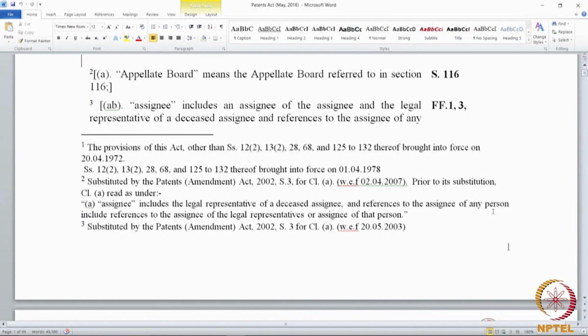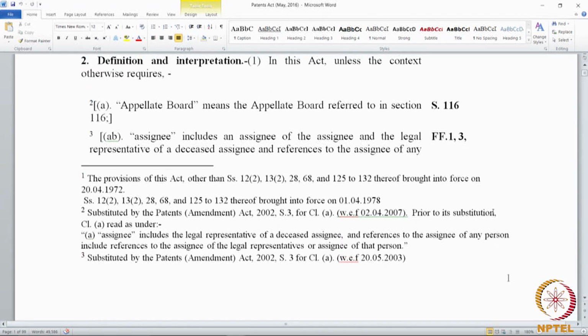Now, let us look at instances where a phrase or a word is defined, but not in the definitional clause, but by way of a cross reference to another part of the Act. Take appellate board for instance. That is category number 2. Category number 1 is something that is defined in the definitional clause, like assignee, where a special definition is given.